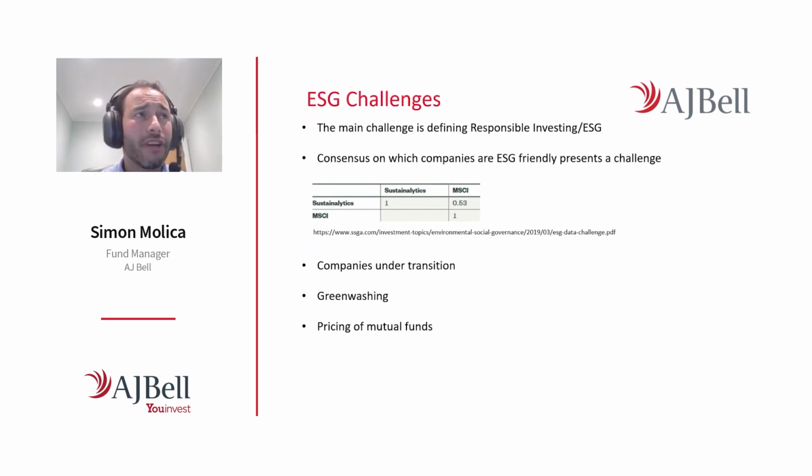Now, the next problem really is consensus. We're struggling to define it, and then even agreeing what is ESG friendly is very difficult. There are two main ESG rating companies in this box here, Sustainalytics and MSCI, and you can see here the correlation, a 0.53 correlation between MSCI and Sustainalytics in terms of their ratings, in terms of what they suggest are ESG friendly companies.